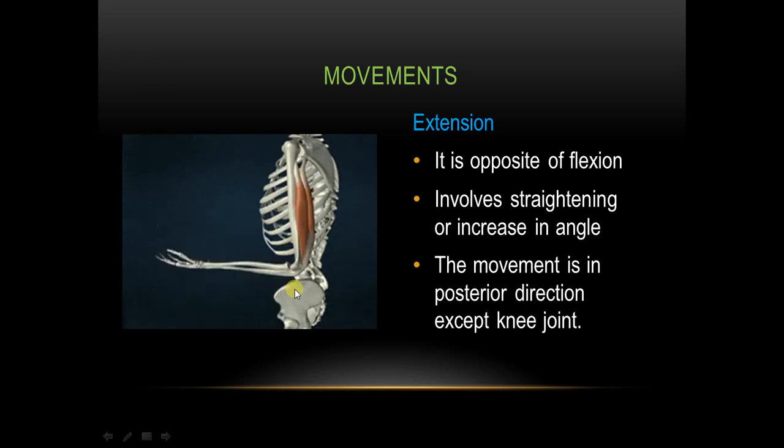Here in this illustration, you are able to see the extension of the same elbow or forearm. And again, one more exception here is the knee joint. When you extend the knee, your leg moves anteriorly instead of posteriorly.